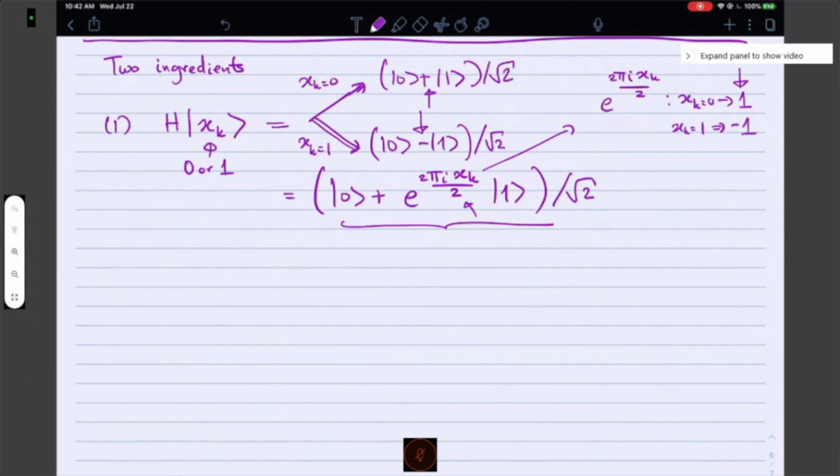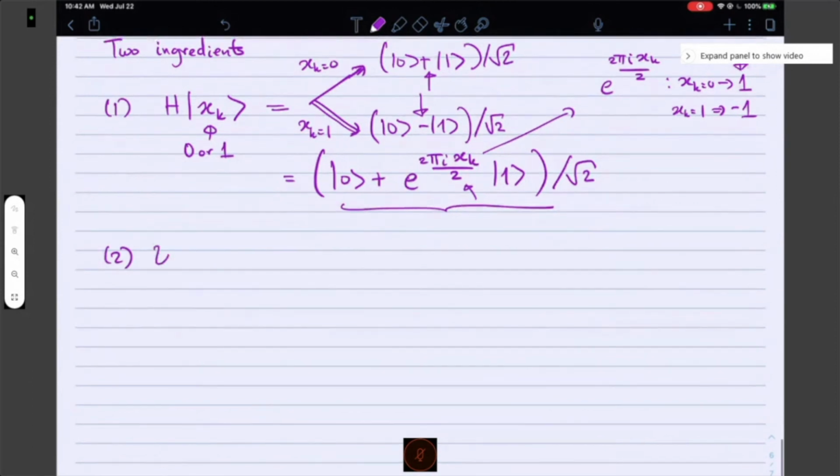The second gate that I'll use is something that I'll call U rotation. And that U rotation gate needs a bit of information to know what to do. And that information that it needs is the value of k. When I apply it on a particular qubit state xj, I'd like it to do the following. I'd like it to apply e to the 2 pi i over 2 to the power of k xj on top of xj. So why do I need this?